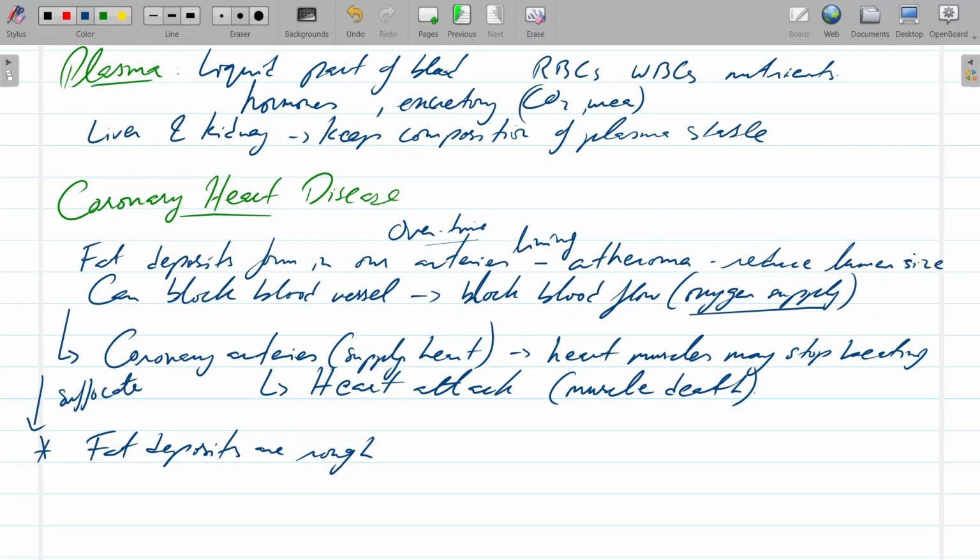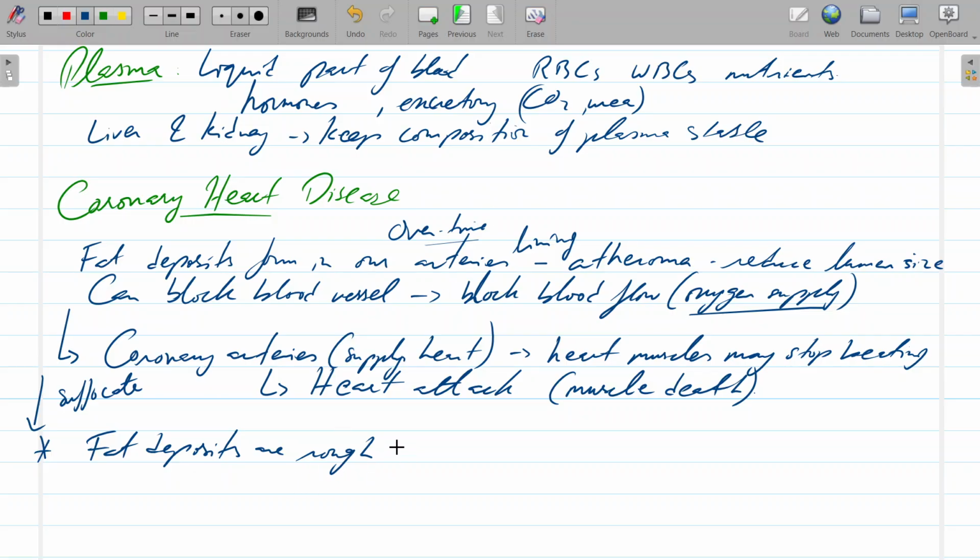And they're also going to get stored over the organs, putting pressure on your kidneys and your liver. And they're going to start building up in your arteries, your blood vessels. So that's why it's bad.